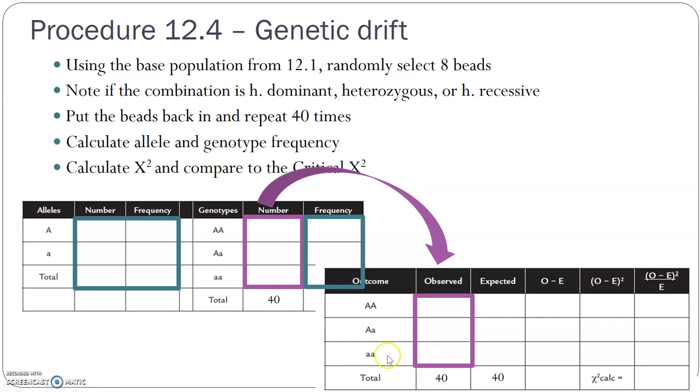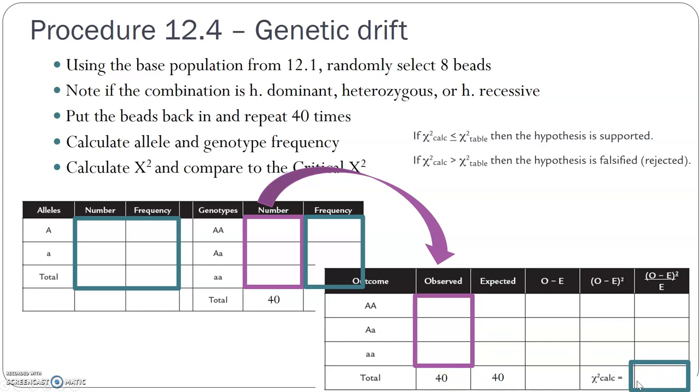Again, you'll have a total of 40 here instead of 100, so you have to do 25% of 40 for your expected of homozygous dominant, 50% for your heterozygotes, and then again 25% for your homozygous recessives. Again, make sure these numbers match to actually be 40. Okay, make sure of that so that your chi-square calculation will be accurate.